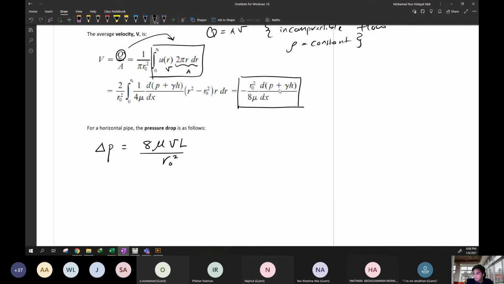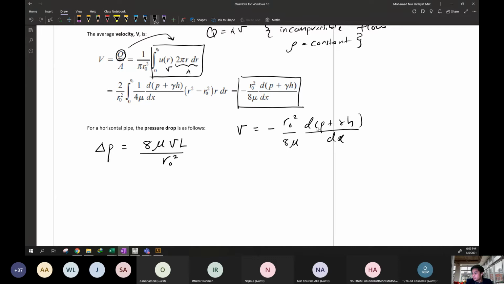When you try to derive this, for example, V equal to negative R0 squared over 8 mu times d(p plus gamma h) over dx.